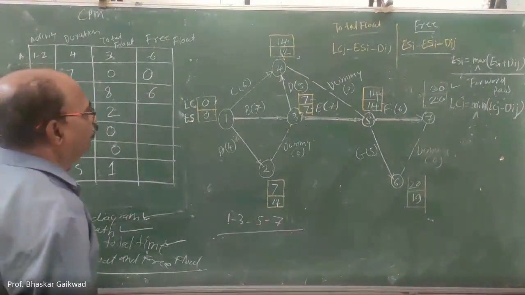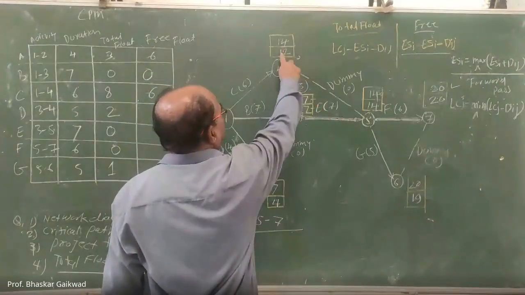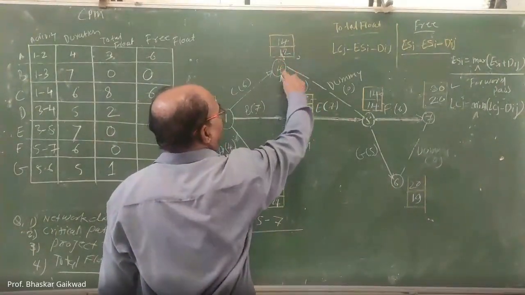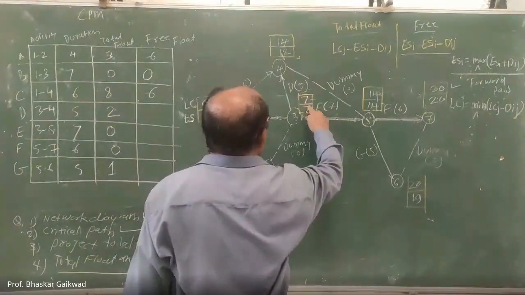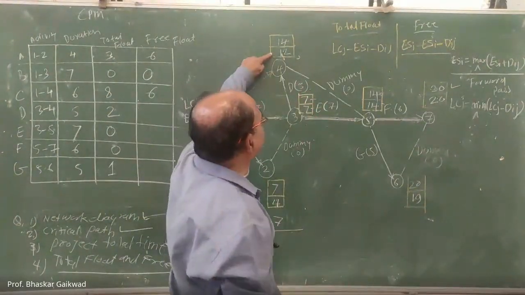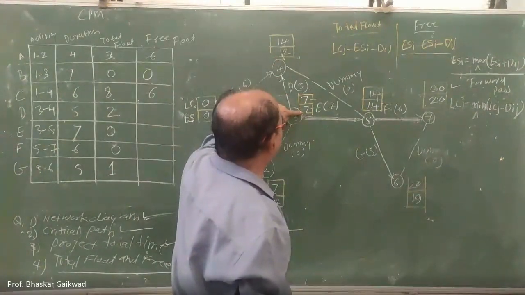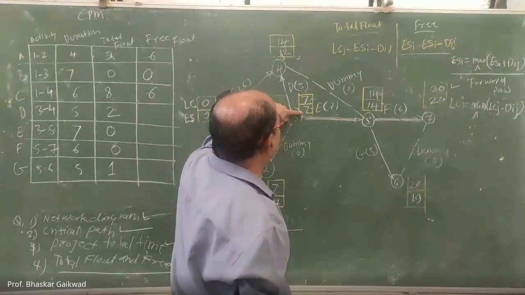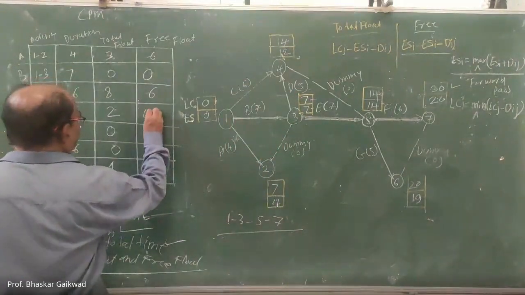Then 3 to 4. What is this? 12 minus 7 minus 5. This is the ESJ, this is the 12. 12 minus 7, how much here? 5. 5 minus 5, 0. So here it is 0.